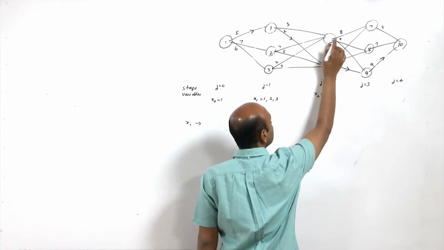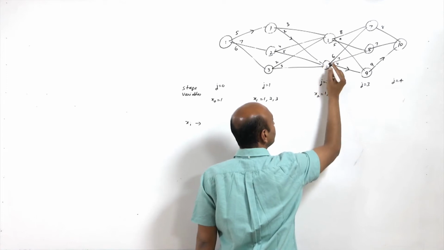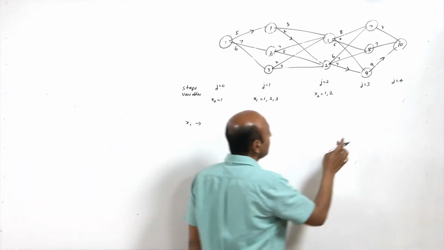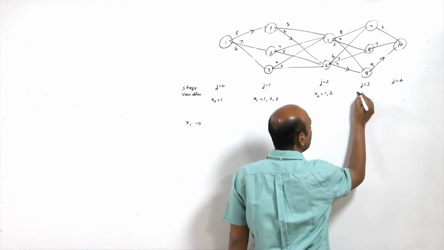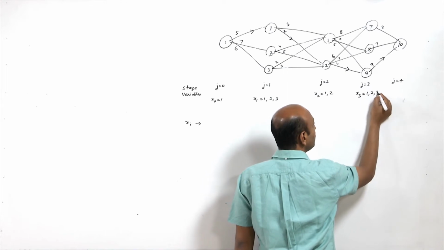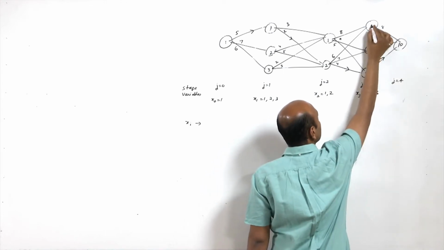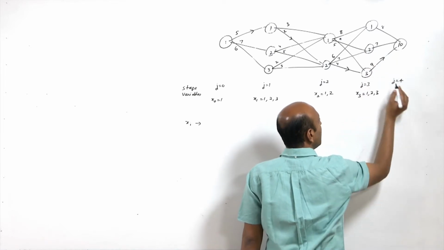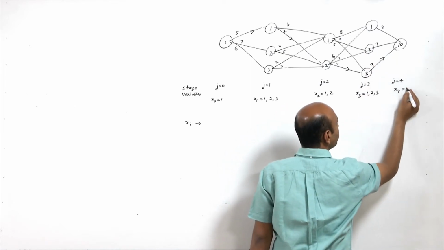For the next stage we again have 3 nodes, 1, 2, 3, and in the last stage we have only 1.